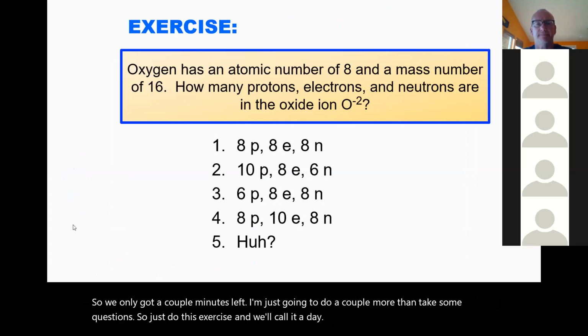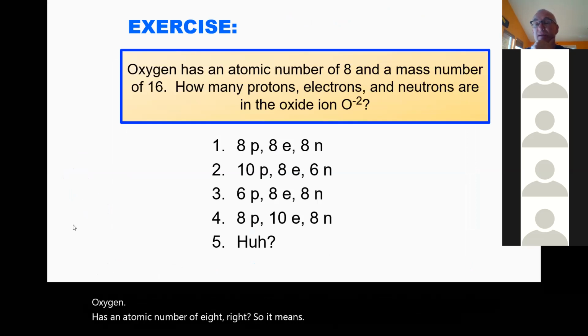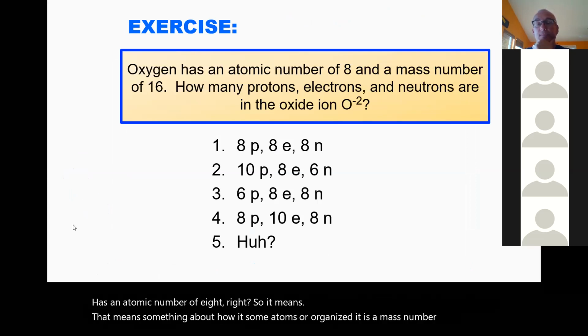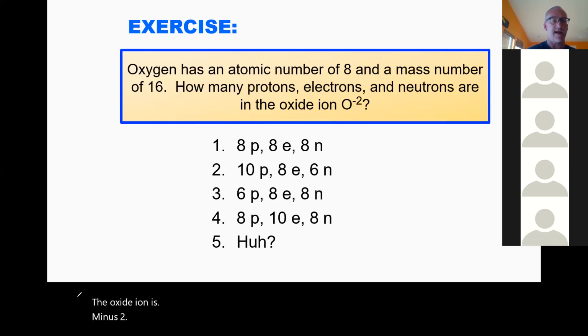So oxygen has an atomic number of 8, right? So that means something about how its atoms are organized. There's a mass number of 16. The oxide ion is O minus 2.